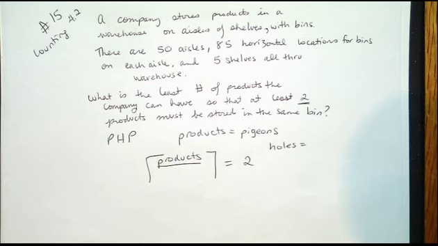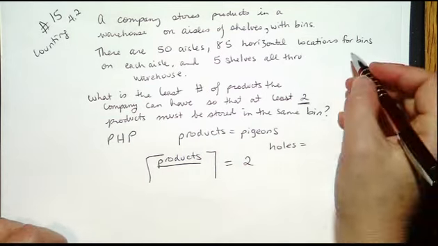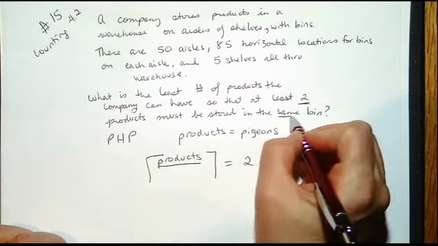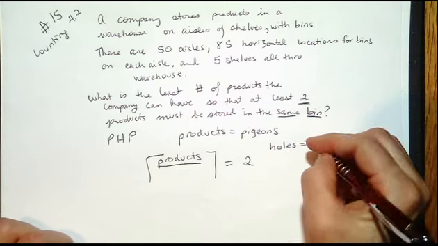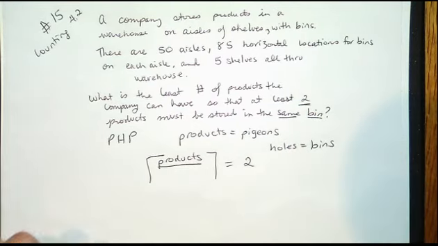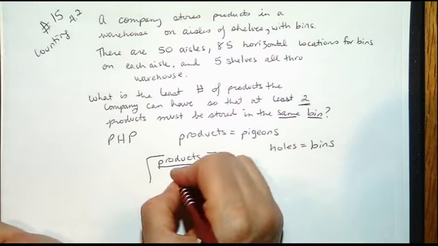Whatever comes after the word same is the holes. So in order to prove that there's at least 2 products in the same bin, I have to have fewer bins than products. That's what the pigeonhole principle says: fewer holes than pigeons.